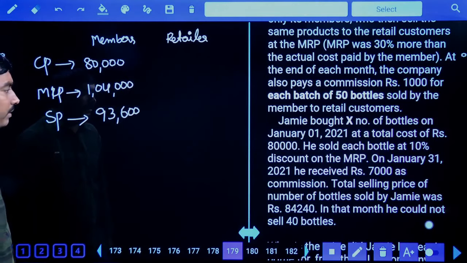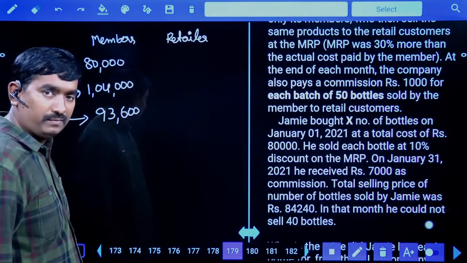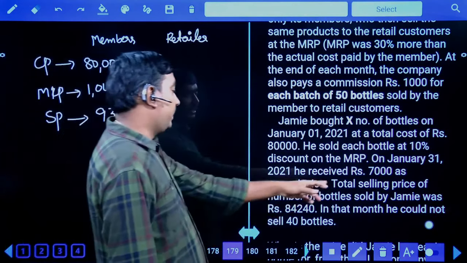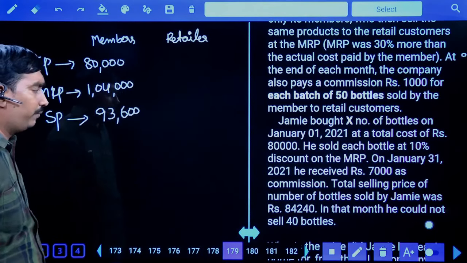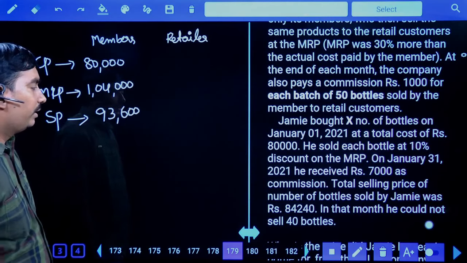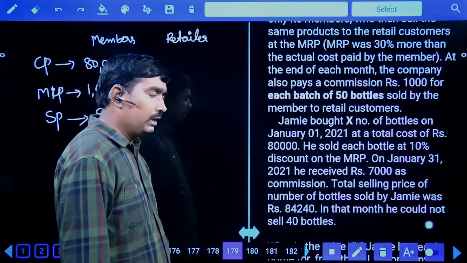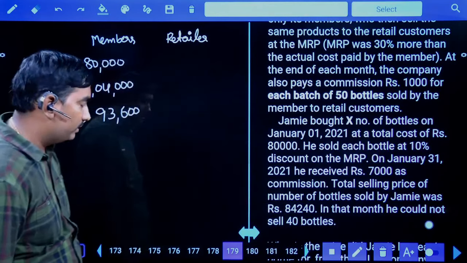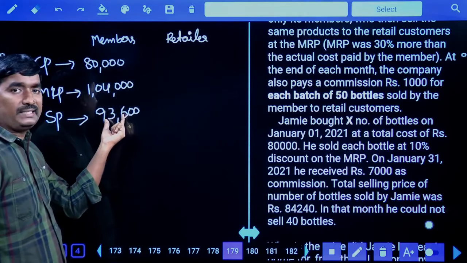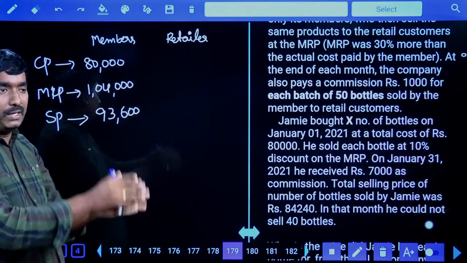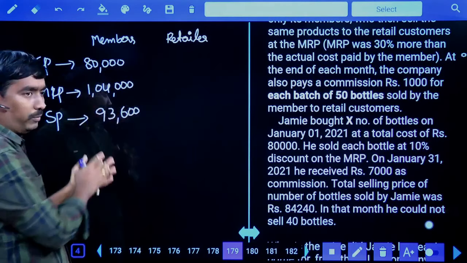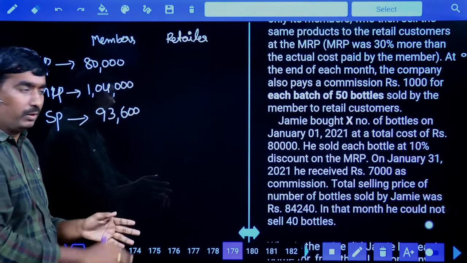At the end of the month, he receives 7,000 as a commission. Total selling price of number of bottles sold by Jami was 84,240. In that month, he could not sell 40 bottles. 93,600 is the selling price of all bottles. But here he didn't sell all the bottles.